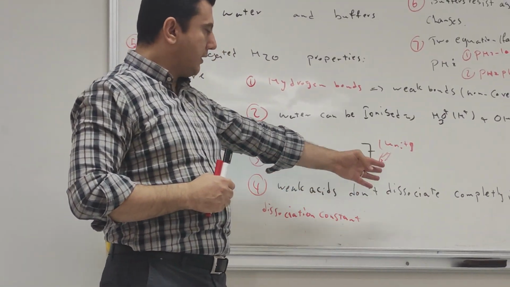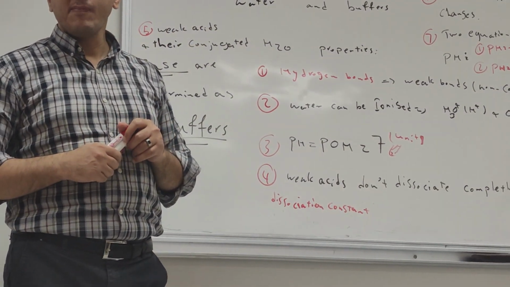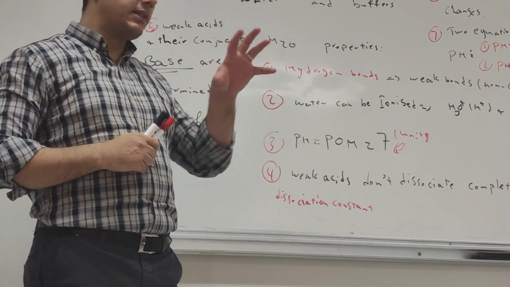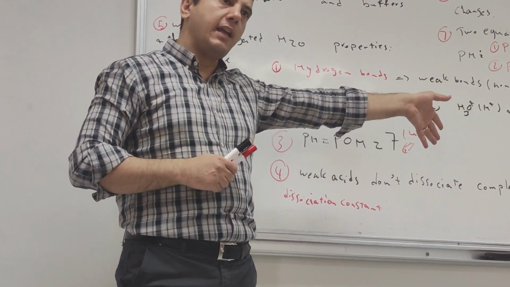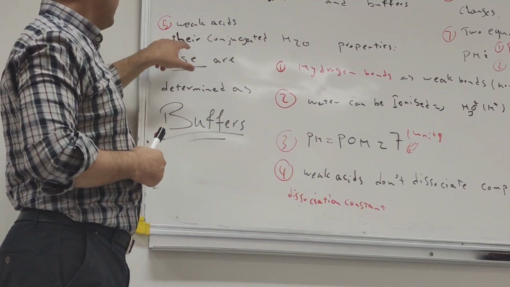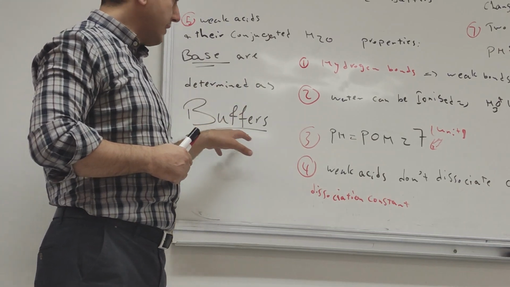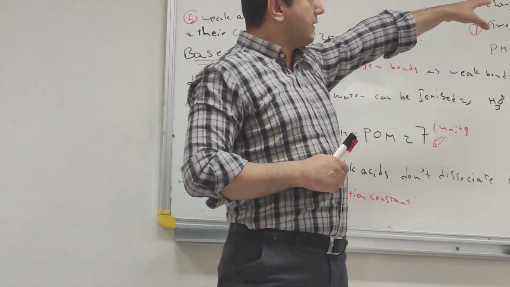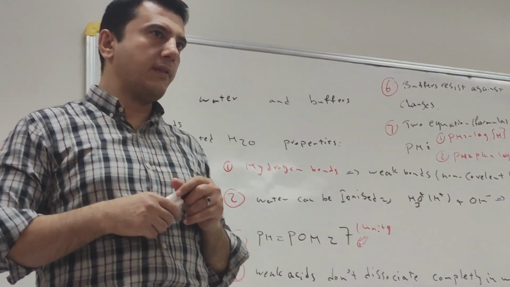Weak acids don't dissociate completely in water, in contrast to strong acids, which completely dissociate in water. So we should use pK instead of K. Weak acid plus their conjugated base are determined as buffers. Buffers resist pH change in our body and in any solution.